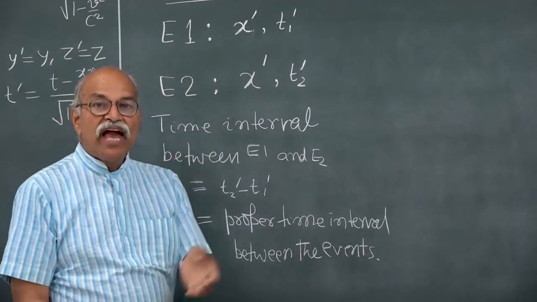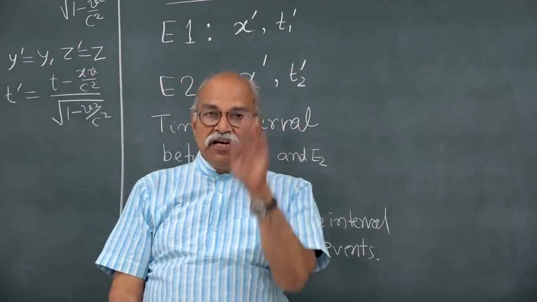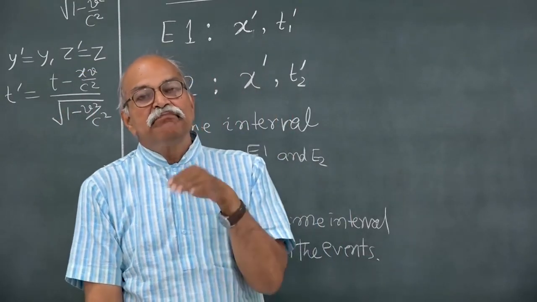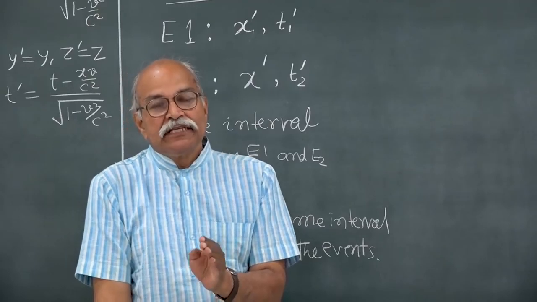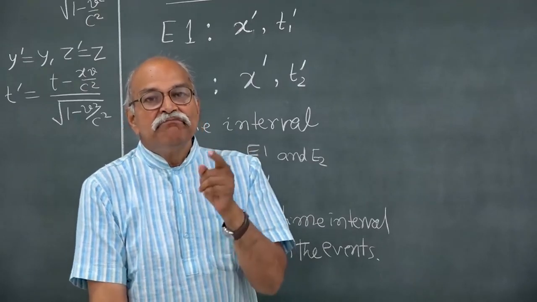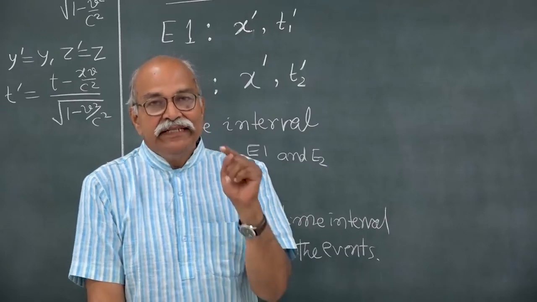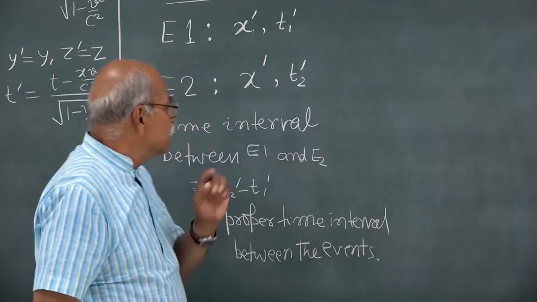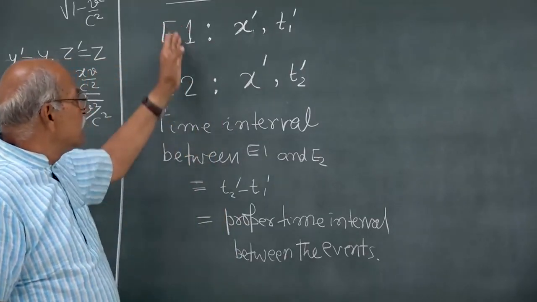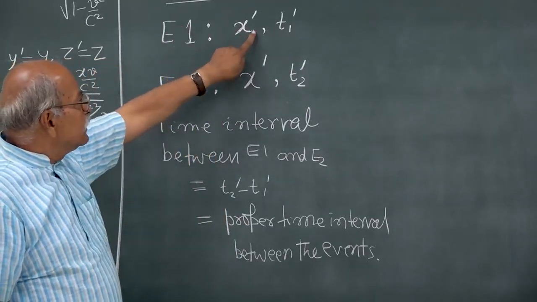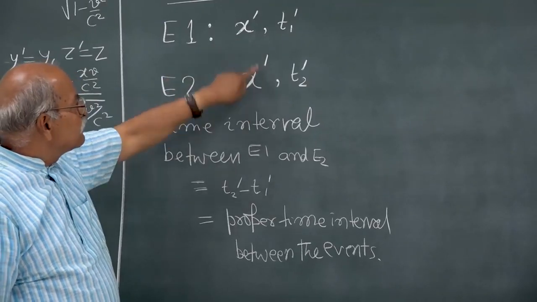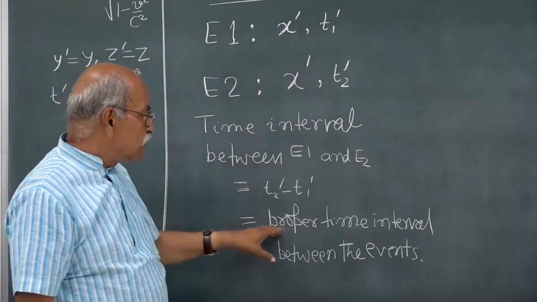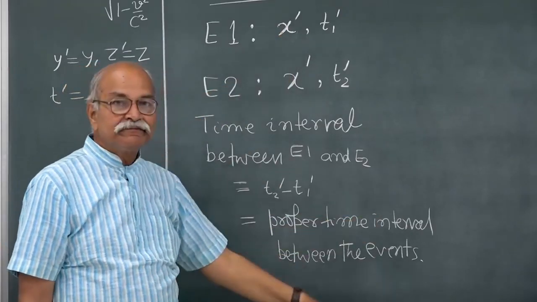If you have a frame in which two events are taking place at the same position, then the time interval between those two events is called the proper time interval. Here we are taking two events of that kind, occurring at the same position, and therefore this time interval measured in this frame is called the proper time interval.